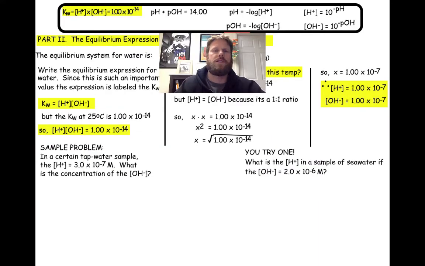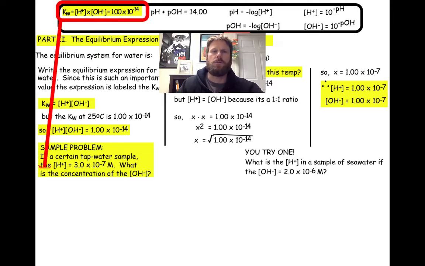Now let's use this equilibrium constant to solve a few problems. If you know the H plus concentration or the OH minus concentration of a solution, you can easily determine the other concentration of the ion. For example, if tap water has an H plus concentration of 3 times 10 to the negative 7th, what is the concentration of OH minus?